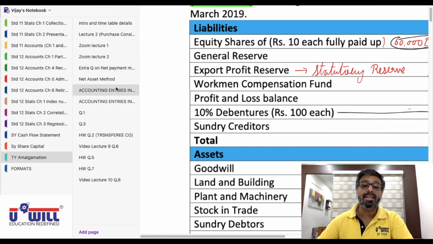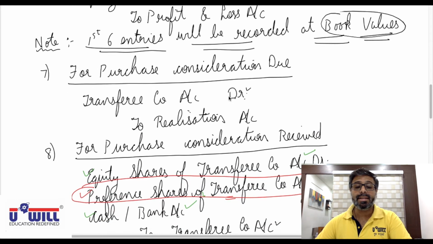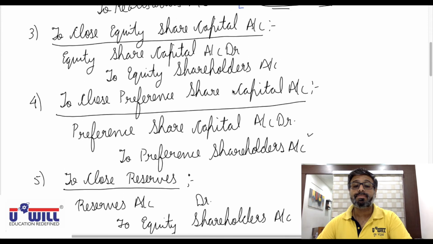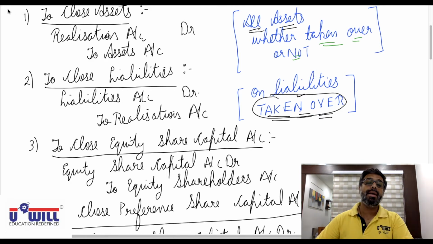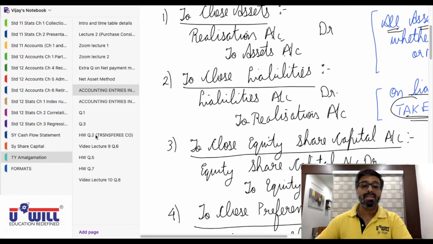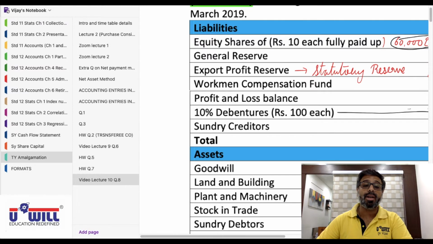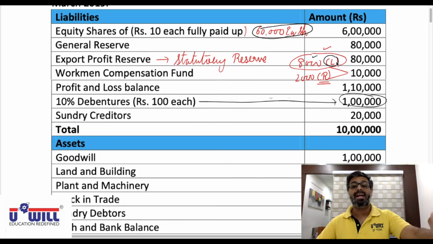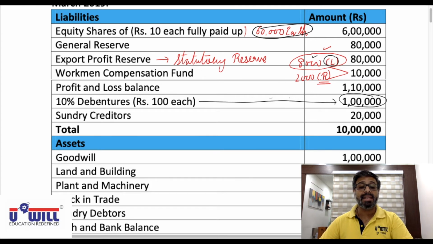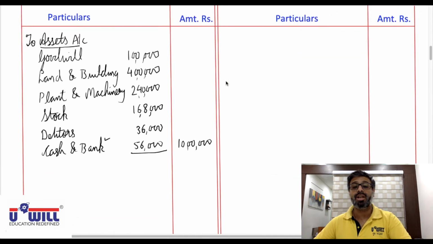What did we see in the journal entries? That in case of liabilities, only taken over liabilities will be transferred to realization account. Here, workers' compensation liability is not taken over, so it will not be transferred to realization account. Means liabilities account debit, debentures account debit 1 lakh, creditors account debit 20,000 to realization account.